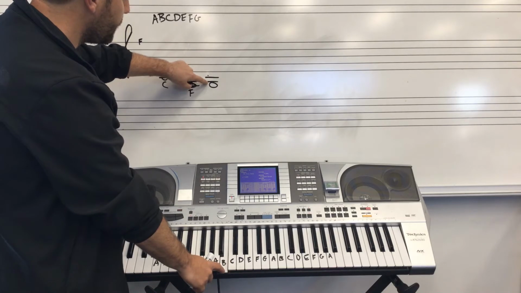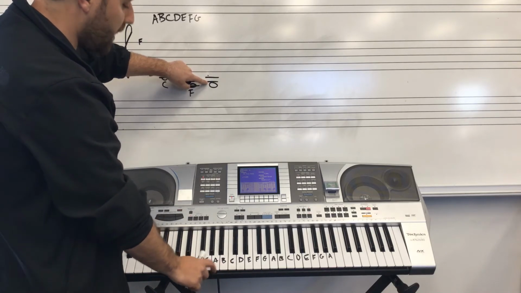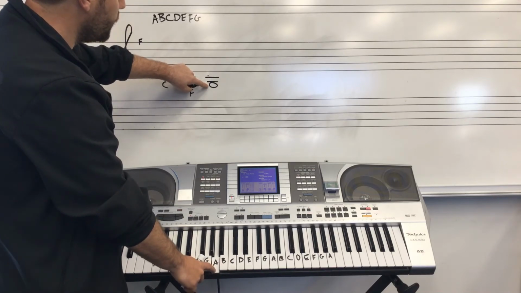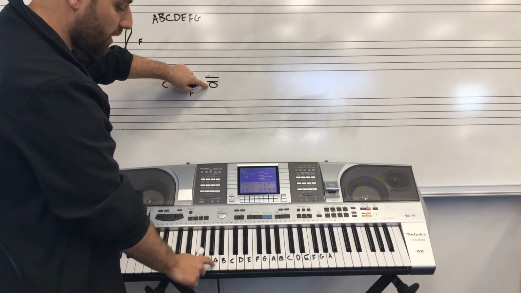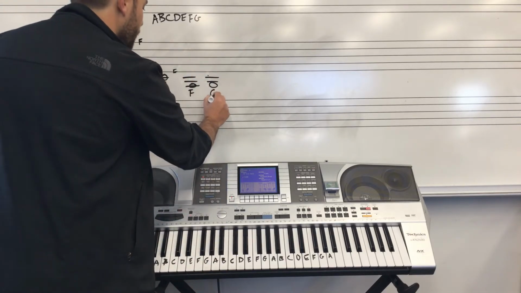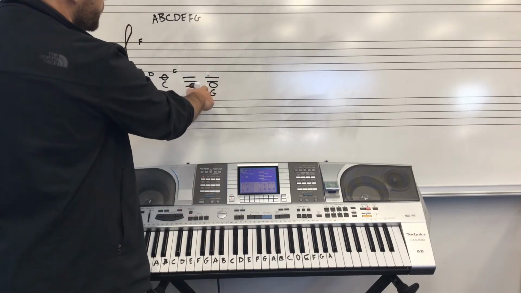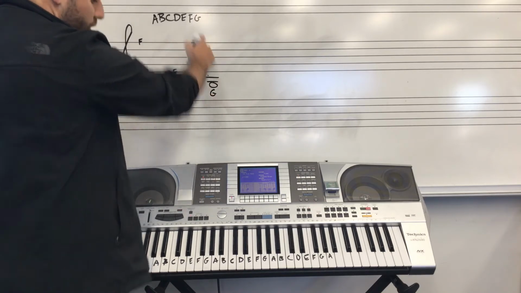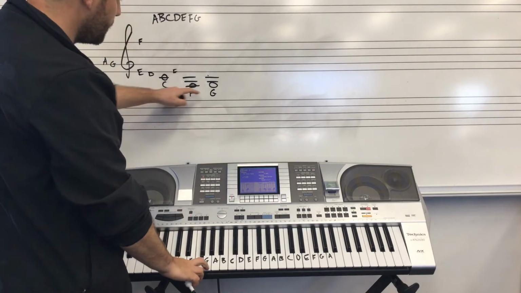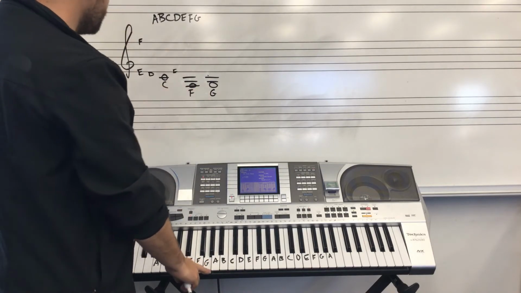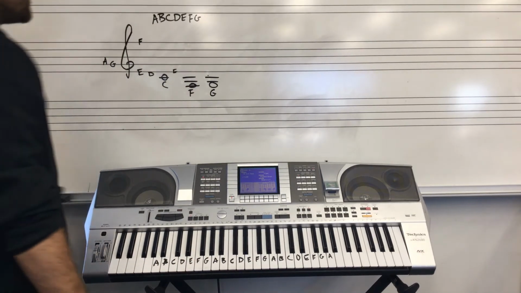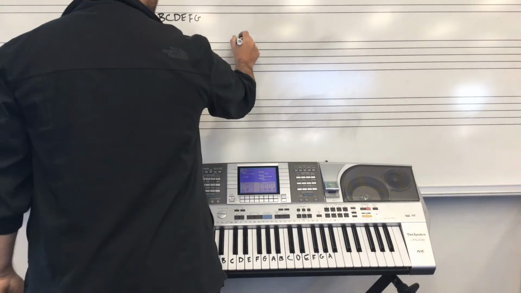That's a B. The second ledger line down is an A, and then the space below the second ledger line is a G. Now, if we knew this was an F, we would know that this is a G too because it's 1 above it. So we just go 1 letter up in the alphabet. F to G, right? This is F. That's G right there.